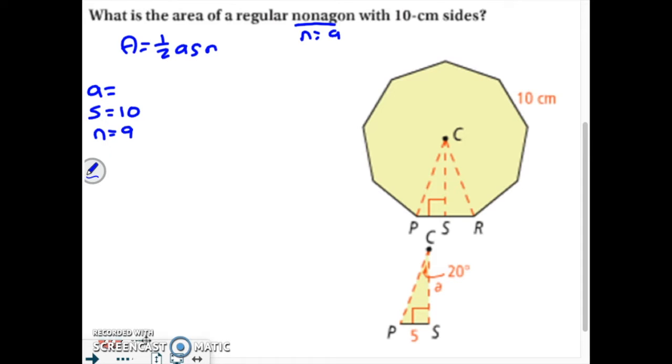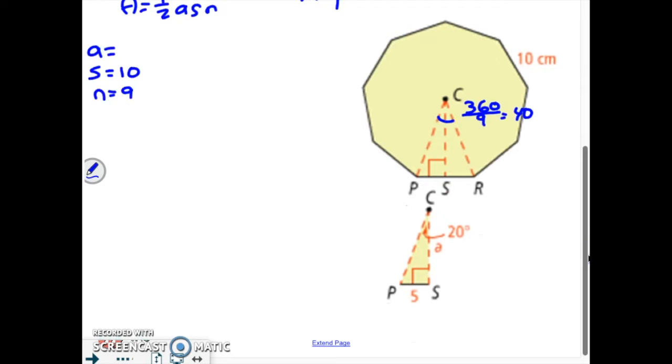We're not quite sure what that is. So to deal with that, what we're going to do is figure out how many degrees one of these angles would be. Remember, what we did for that was 360 degrees divided by how many sides we have. So what we have here are 40-degree angles. But as you can see down in the triangle here that they had drawn separate for us, they represent it as a 20 because remember that apothem is going to cut the 40-degree angle right in half.